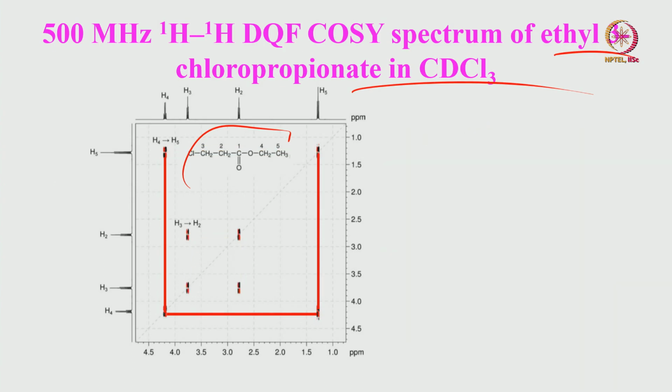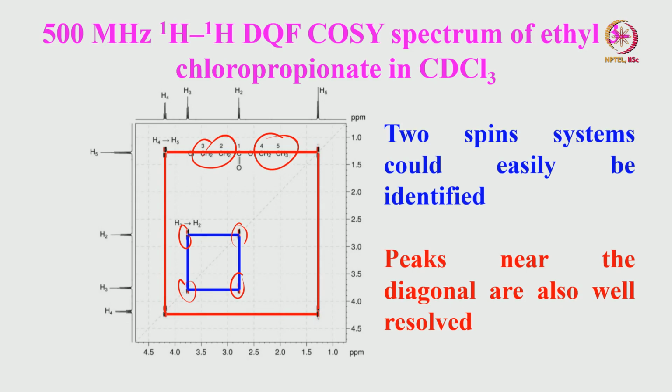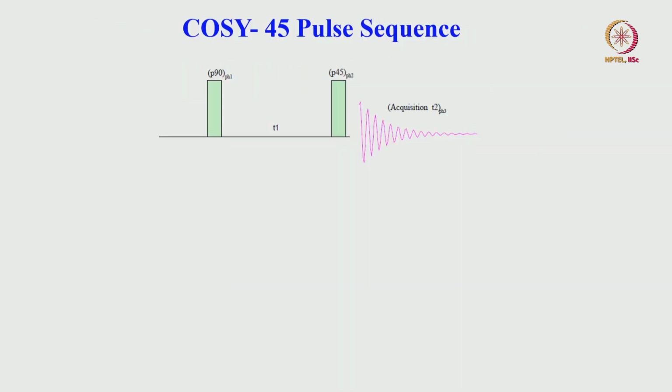From the structure you can make out there is one group here and one group here, that is all. But look at the resolution here, diagonal and cross peak. Fantastic resolution you are going to get. So peaks near the diagonals are also very well resolved. This is the advantage of DQF COSY.